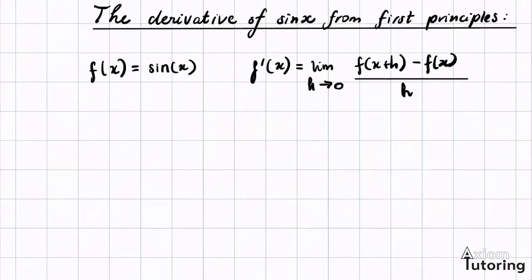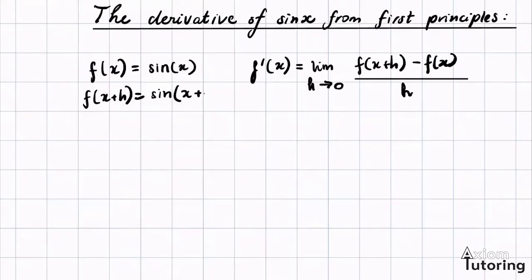And so we have our function f of x, that's just sine x, but now we want our f of x plus h. So to find f of x plus h, we just substitute in x plus h into our function. So this x plus h becomes our new x, and so we have sine of x plus h.